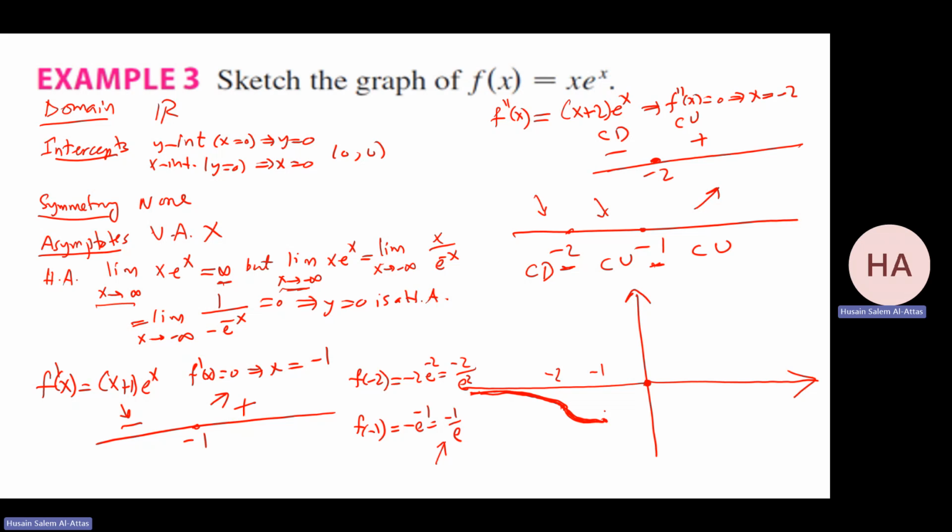And then after minus 1, it's increasing and concave up, and I know it's passing through this point. So it will pass through this point and do something like this. That will be the graph of the function. Maybe it's smoother than this, but I'm doing it so that it's very clear. Make it like one curve.